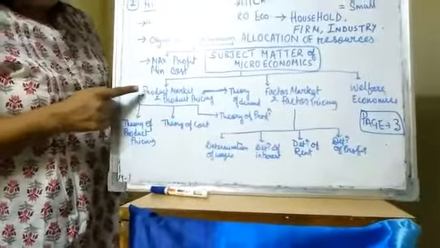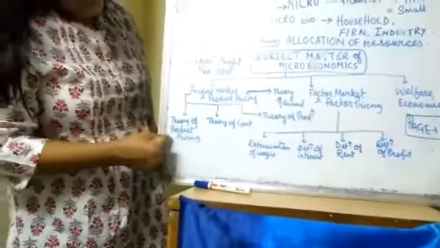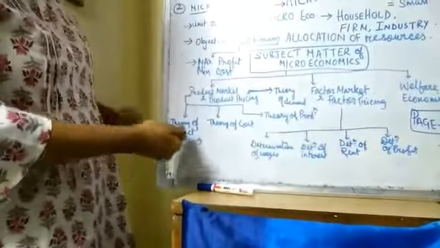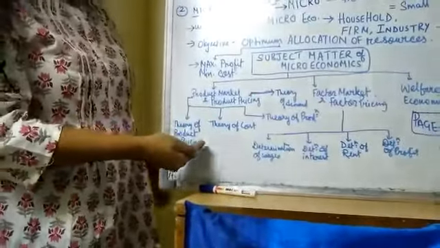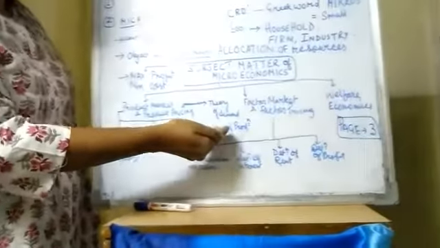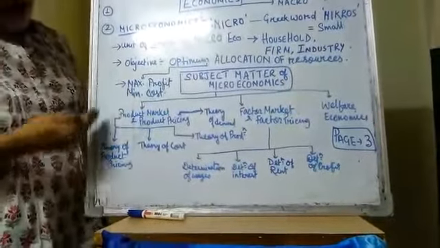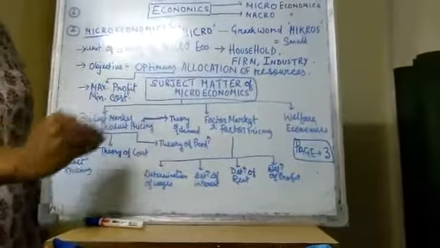What comes under product market and product pricing? First is theory of product pricing, next theory of cost, theory of production, and theory of demand. This all comes under your product market.